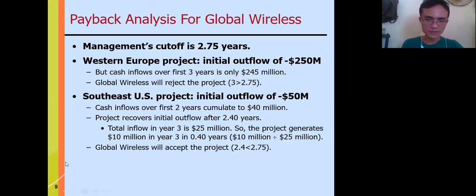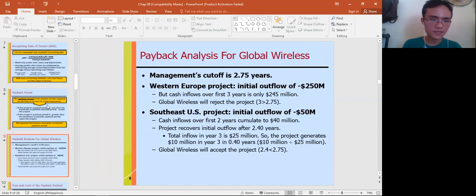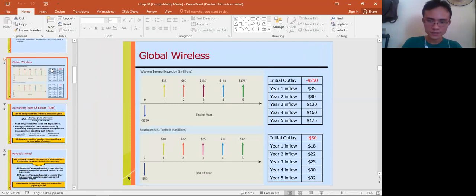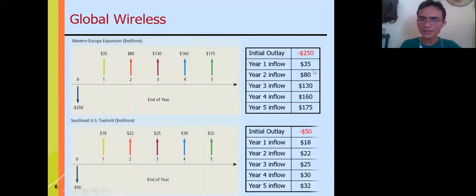So can we go back to that part, please? All right. So here it is. There. If you can notice, you have here the investment and you have here the inflow.